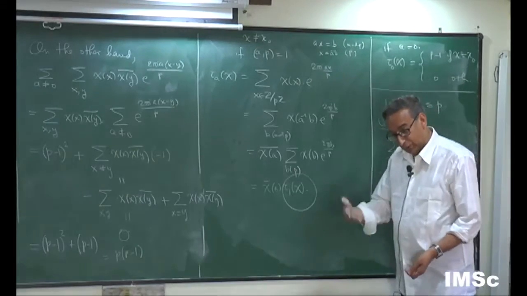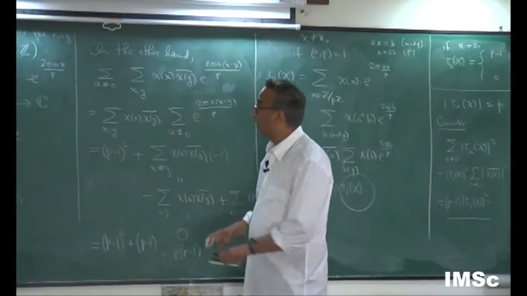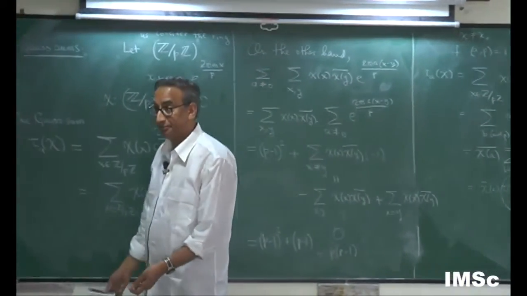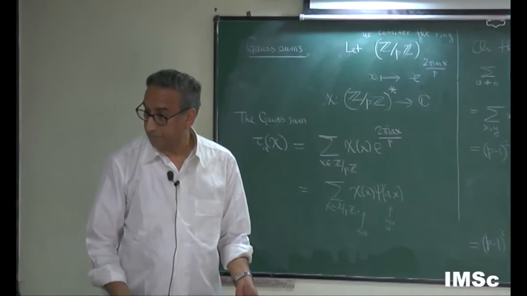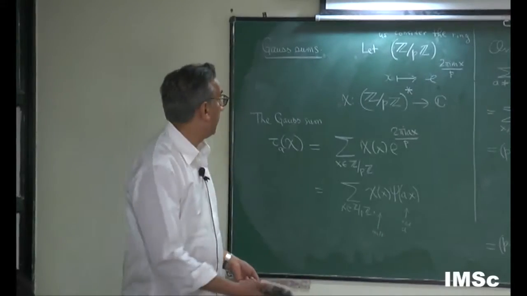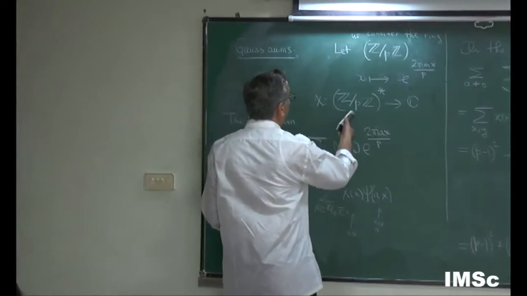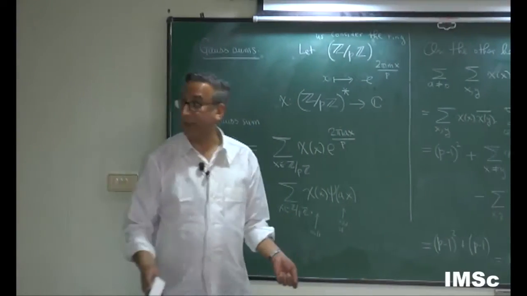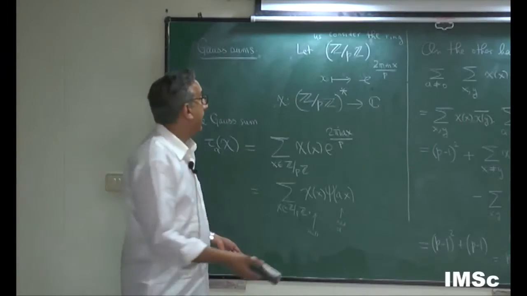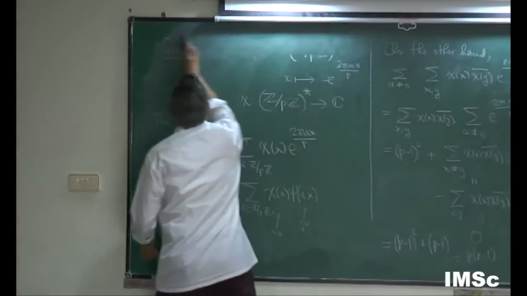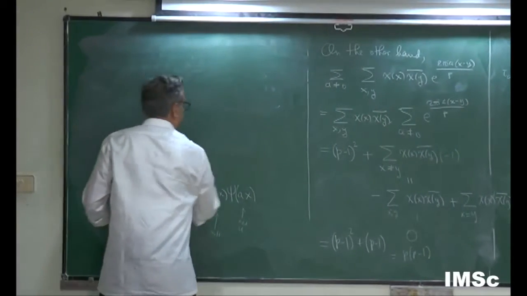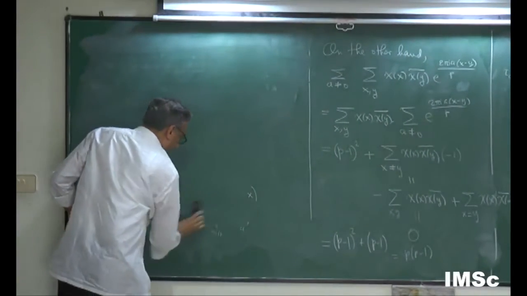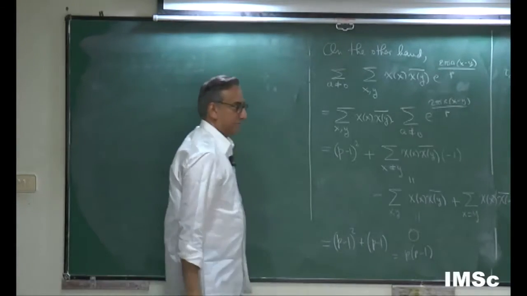As I range through chi as characters, I can try to study them. They're numbers with absolute value root P. So the first question that you ask is, I've got a whole bunch of them, one for each character chi. I've got P minus 1 characters. And so I may ask, what can I say about them?